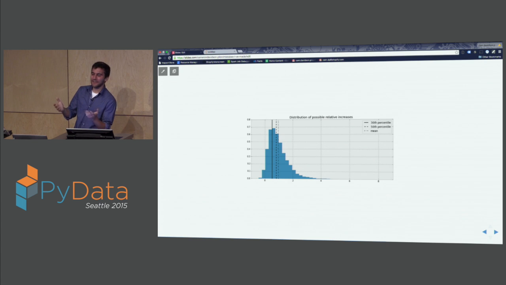A better option is the 50th percentile of that distribution. That's pretty robust. It's not going to be affected by that skewness. I tend to find that is still a little bit too overly optimistic. I like to pick the 30th percentile. There are many reasons for choosing that. One that I like is that it underestimates the true value, so I'm being very conservative in what I tell my boss.